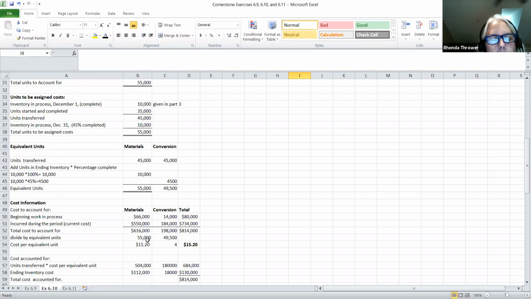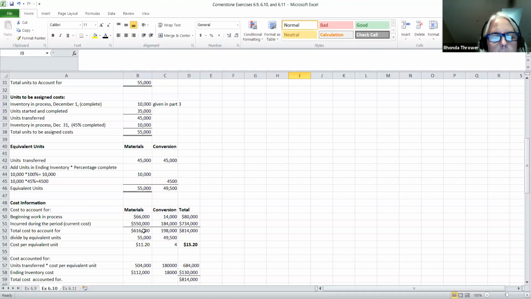So if we take 55,000, which was our equivalent units, and divide it by the total cost of our materials. Remember, in the weighted average method, all of our beginning inventory costs are combined with our current period's cost to find the total materials cost.